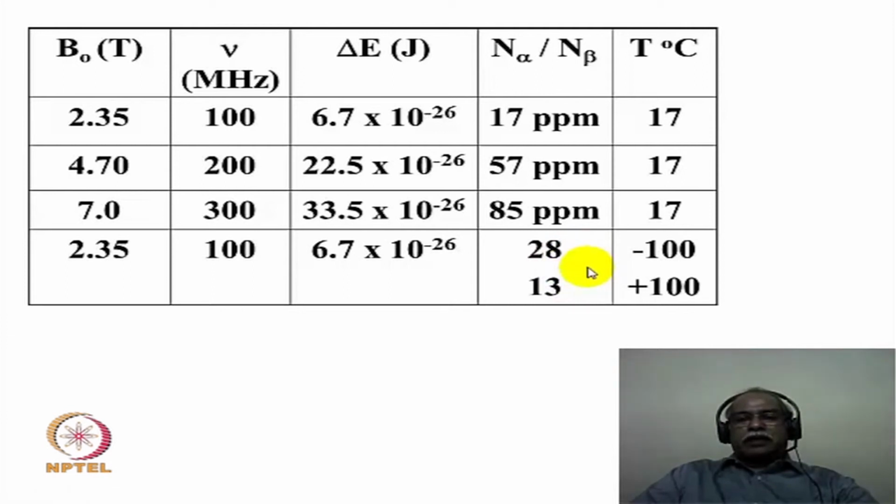So it is advantageous to measure the NMR spectrum at a lower temperature compared to a higher temperature. However, you can see here the advantage gained by this experiment is not so high. It is only about twice as much sensitivity increase as at the higher temperature, for example. So one always opts for increasing the frequency of the spectrometer, or going to higher and higher resolution spectrometers, where the sensitivity is also higher.